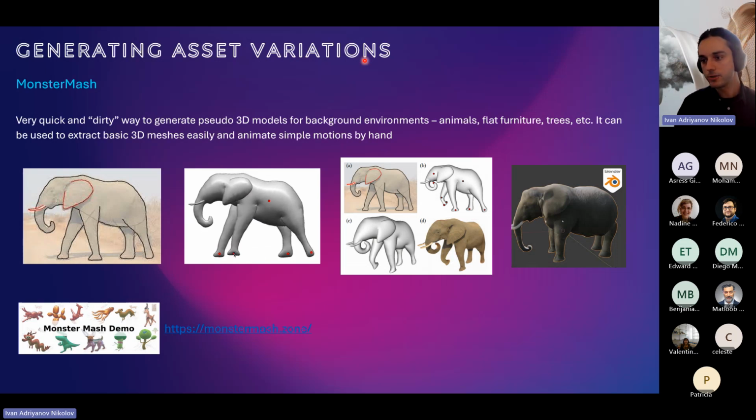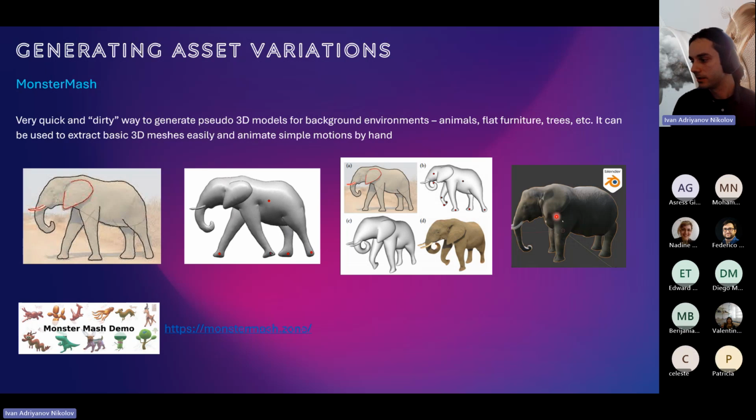So Monster Mesh is quite simple, quite quick and dirty. You can make some pseudo 3D models that would be very nice in the background. And you can very easily extract a very basic 3D model directly from them and then repurpose it in Blender by, for example, cutting into smaller pieces. For example, here, the elephant's ears and trunk and legs are additionally cut so you can animate them.